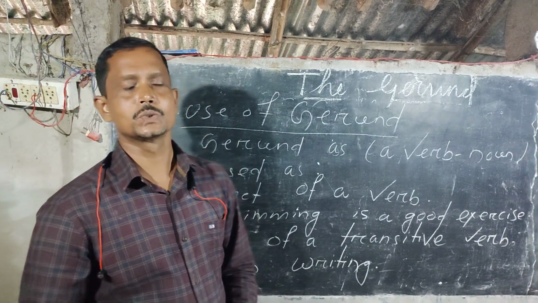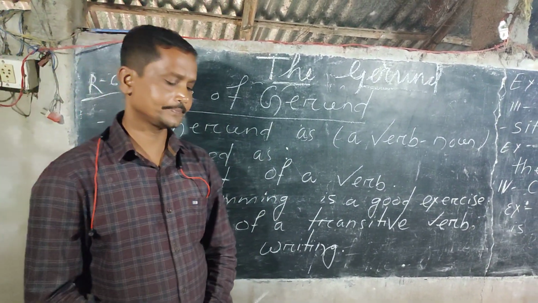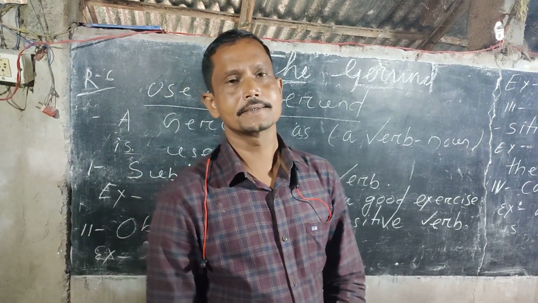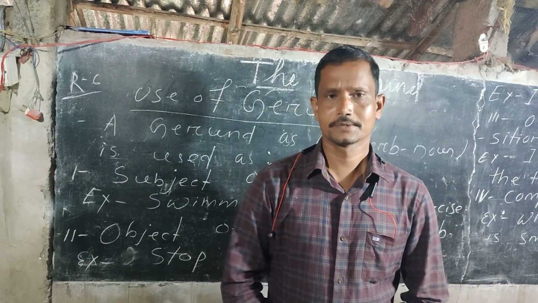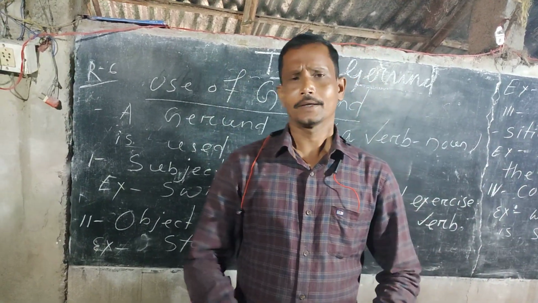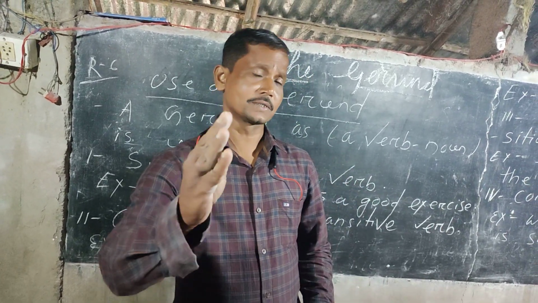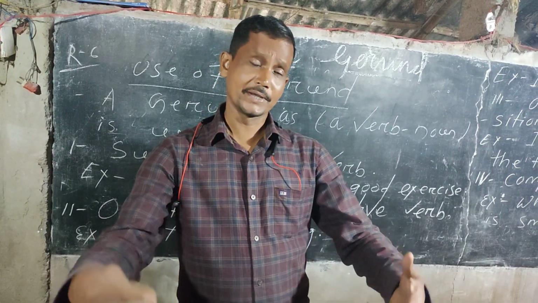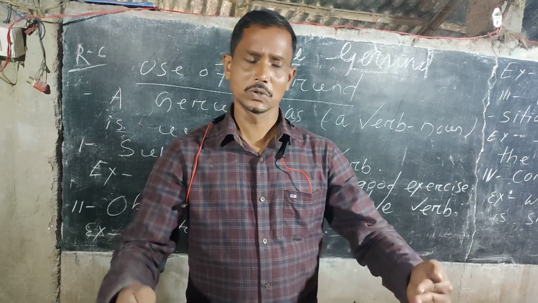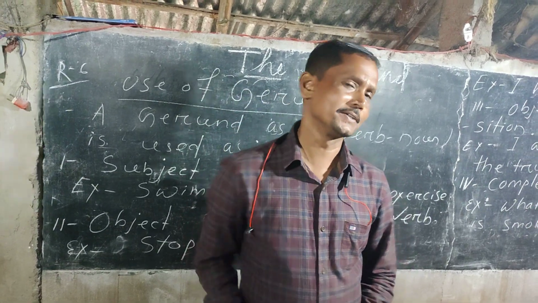Next, we shall proceed towards the function or use of the gerund. Use means in which position or in which positions the gerund is used. That means the gerunds are used in various positions. That means, in other words, we can say the gerunds have various functions.